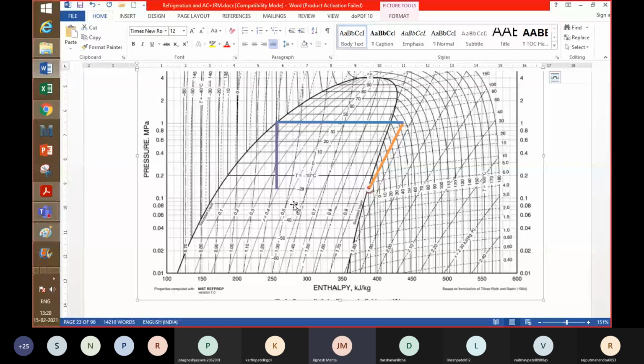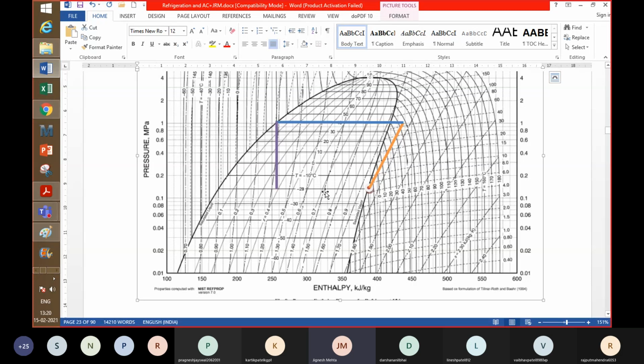Okay, so this seems to be a bit high value of dryness fraction, right? Because actually the vapor is of no use in the evaporation process, which produces refrigeration. It's only liquid which is useful. It's going to boil and take away the heat from the product or space, right?